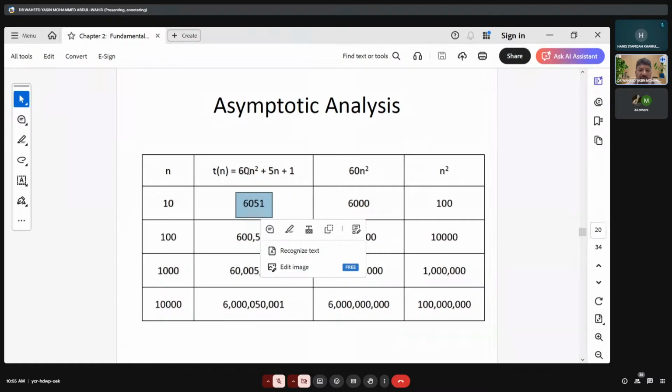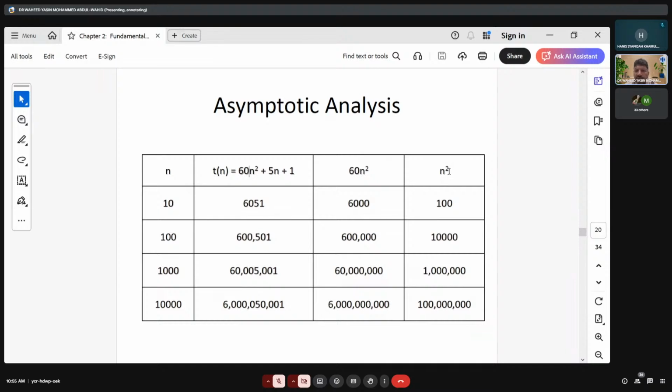So here we have T(n) = 60n^2 + 5n + 1. If n is 10 in asymptotic analysis, it will be 6,000 + 50 + 1, so 6,051. Here 60n^2 will be 6,000.